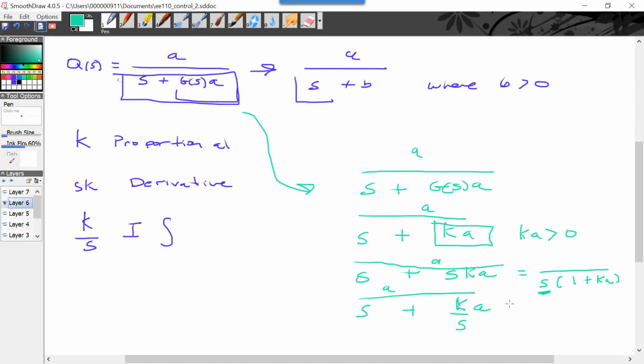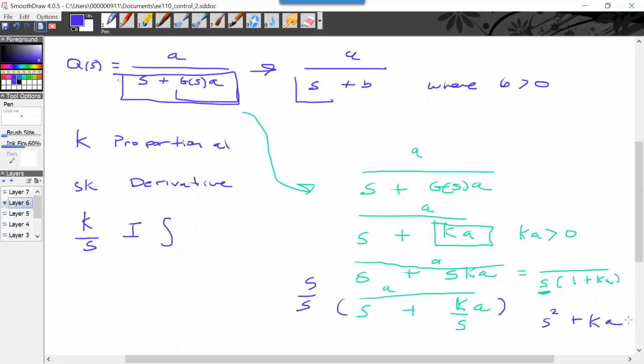Now here, I can multiply through by S over S, and I can get S squared plus the S's will cancel, KA.